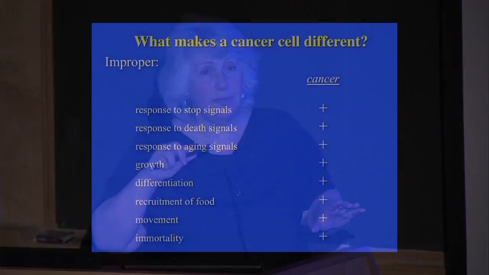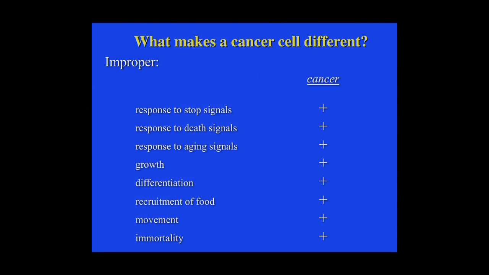And that's why a physician can detect prostate cancer in a man, because the digital exam is to see whether the prostate has gotten enlarged or not. And part of that is because the cancer cells in the prostate have abrogated their stop signals. Death signals. Usually, cells are like a population.